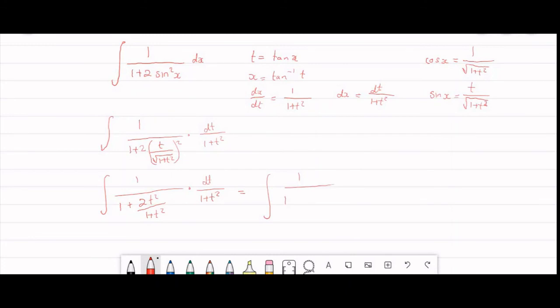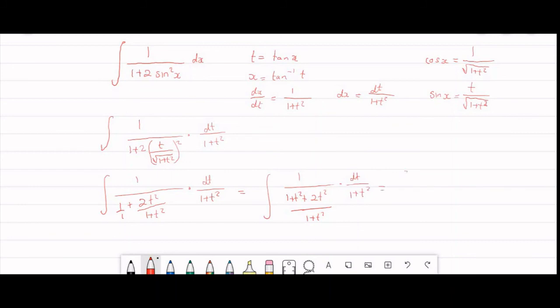So now let's look at our common denominator. So let's say 1 plus t squared is our common denominator. So we know that 1 is always over 1. So therefore we will say 1 plus t squared plus 2t squared multiplied by dt over 1 plus t squared.